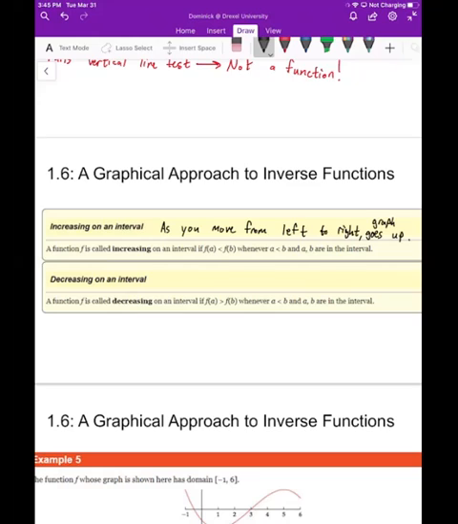Right, and of course you can define decreasing a similar way if f of a is greater than f of b when a is less than b. But again, in English, this just means as you move left to right, now you're decreasing so the graph goes down.